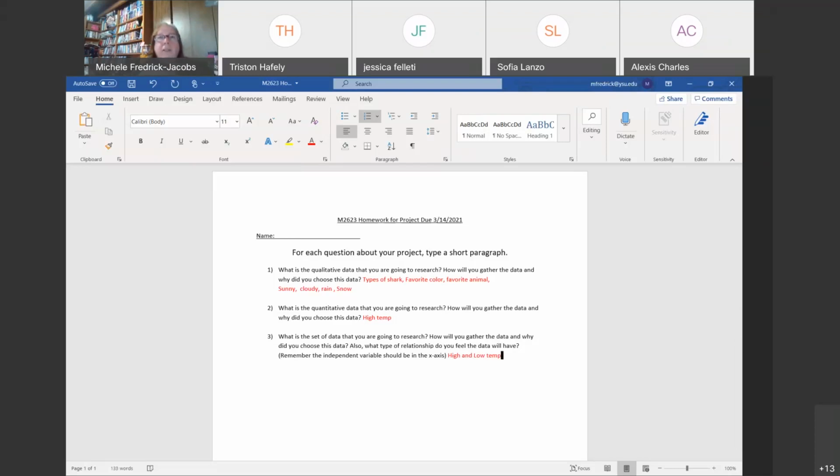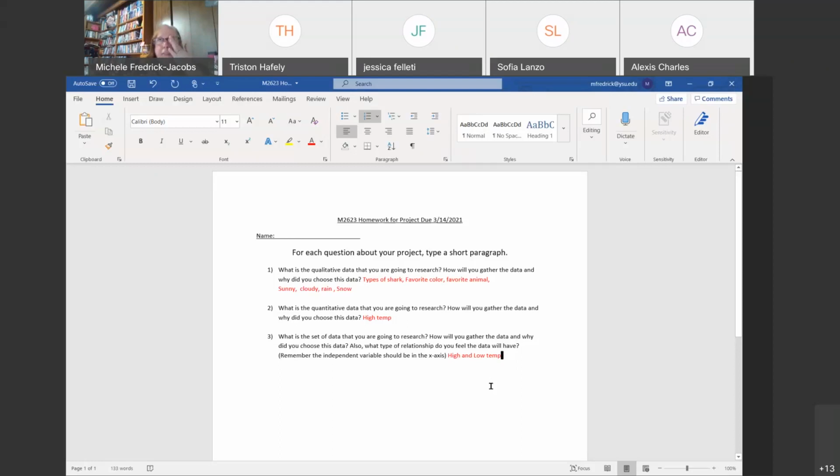I want to see if when the high is high, is the low also high with it, or do they have a relationship? I'm not sure, but there might be, because when there's a high of 50, the low's not going to be 4 usually. And so there's probably some type of relationship between the two. So it's one thing you could use, and then you'd be doing the weather would be the whole project.